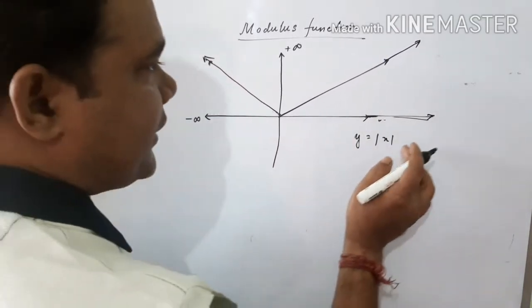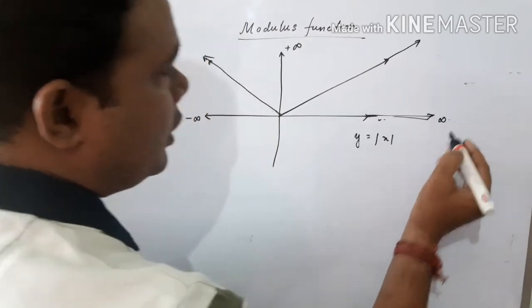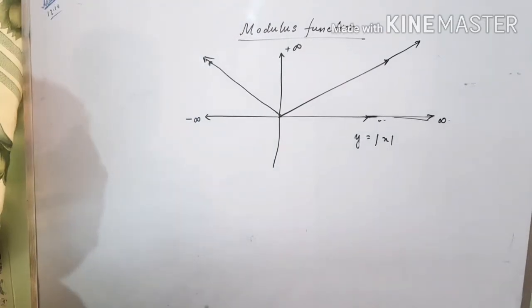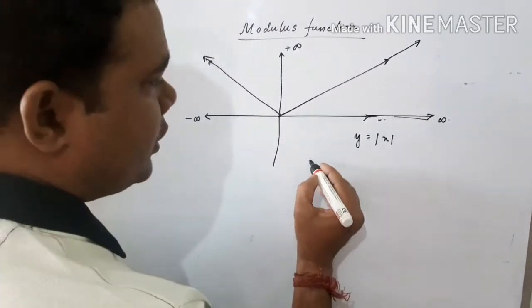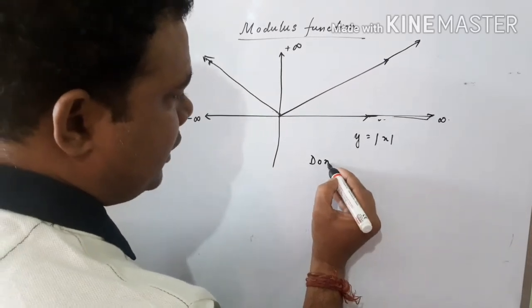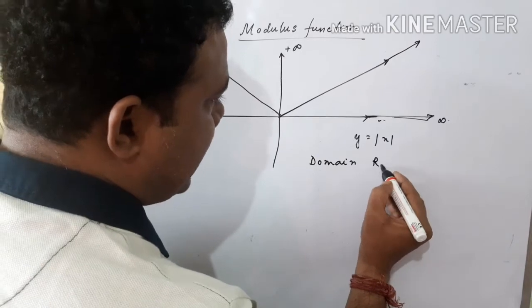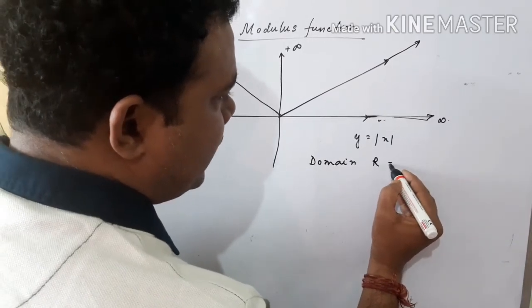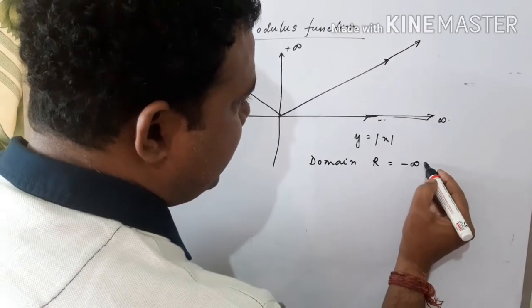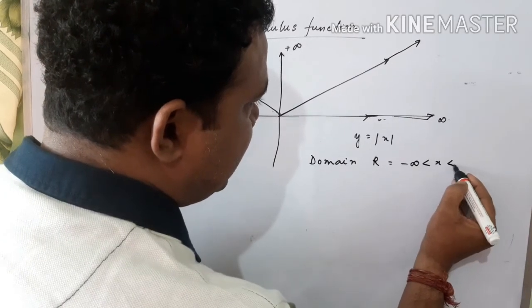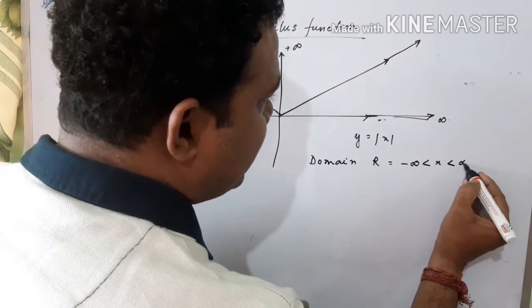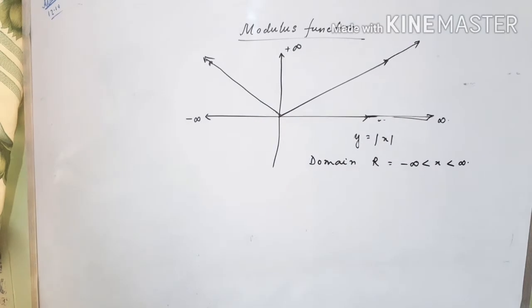So x can take any value from minus infinity to plus infinity. So the domain of the function is the set of real numbers, or we can say that minus infinity less than x less than plus infinity is the domain of the function.